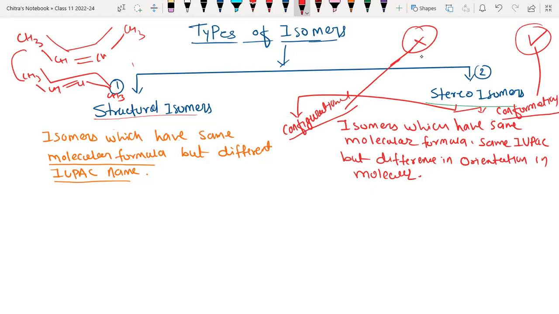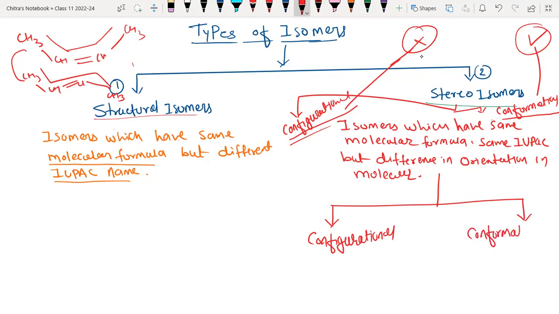Conformational isomers have different types, like geometrical. So instead of writing over here, I am writing here: configurational stereoisomers, and second, conformational stereoisomers. These are the types of stereoisomers.